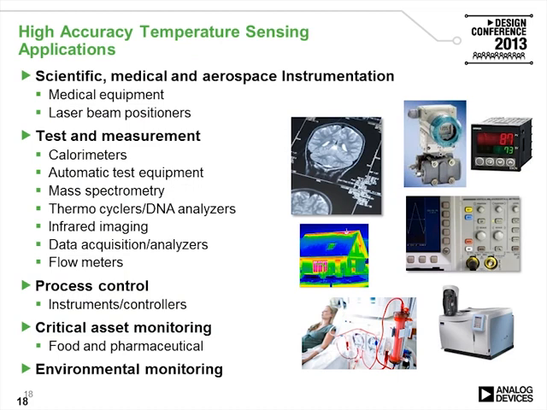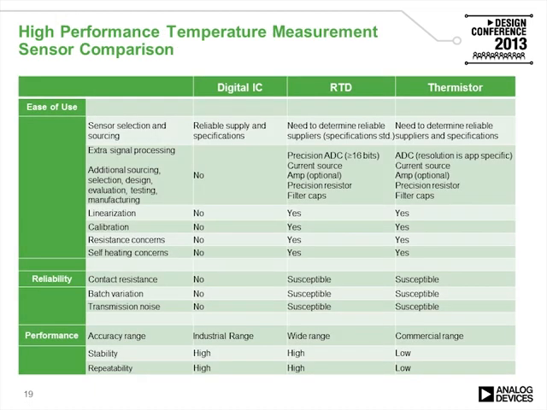Newer applications and even older applications are demanding more and more accuracy from our temperature sensors. And this is a variety of what those are. In order to get good process control, you need good temperature control. And the demands keep getting higher and higher in that area. Now, if you want to go to high performance and high accuracy, there's many ways to do it.